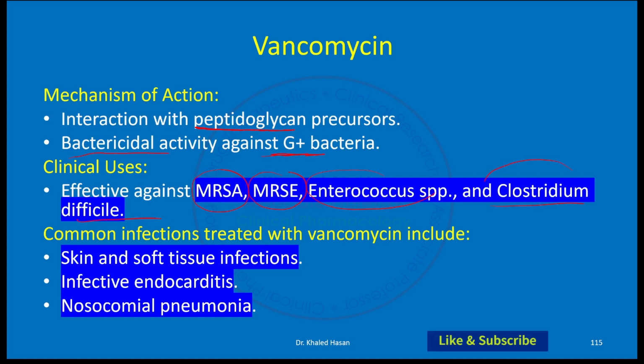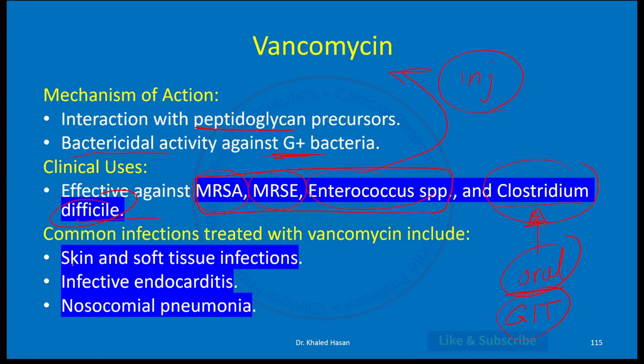So for Clostridium difficile, we use vancomycin oral. So please remember, for severe infection with gram-positive bacteria, we use vancomycin injectable. And for Clostridium difficile, where we talk about the GI system, the gastrointestinal tract, we use vancomycin oral. So we have two types of vancomycin available in practice.